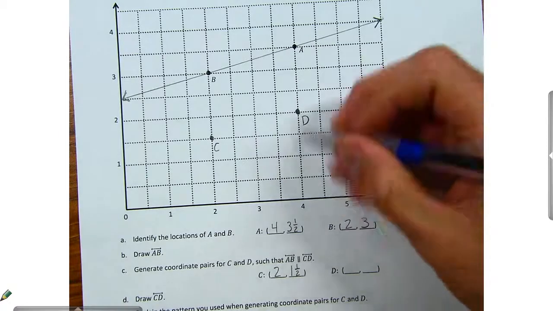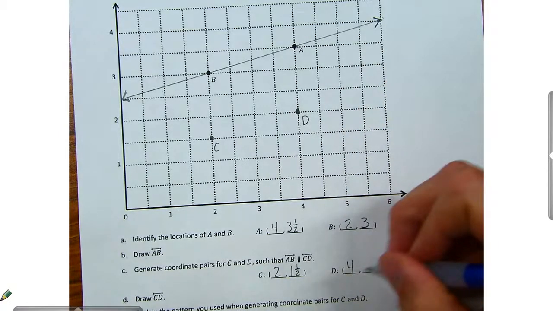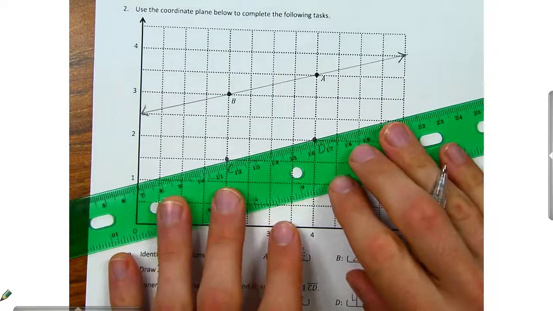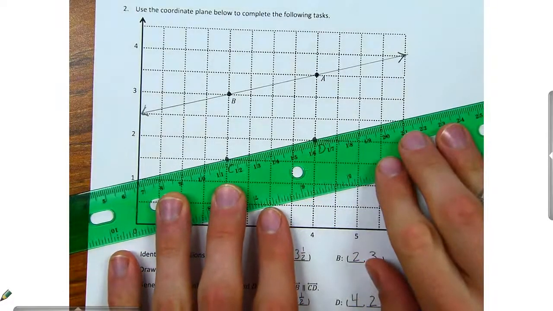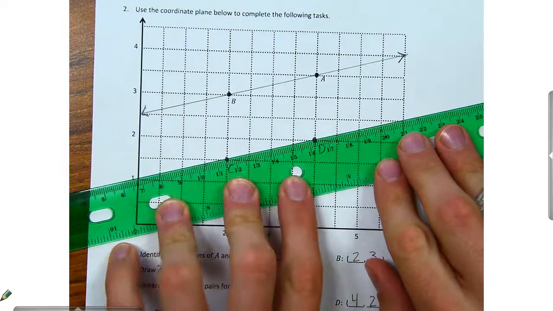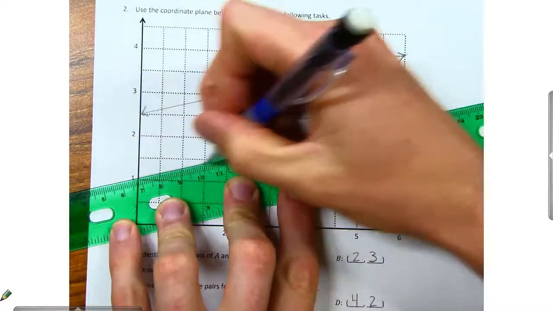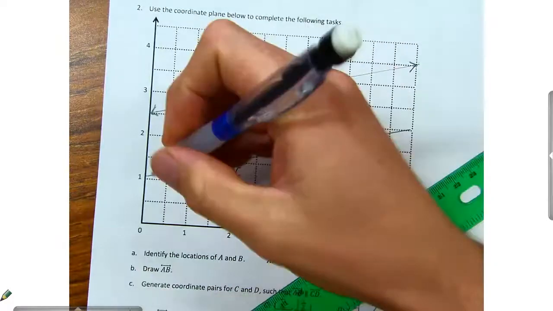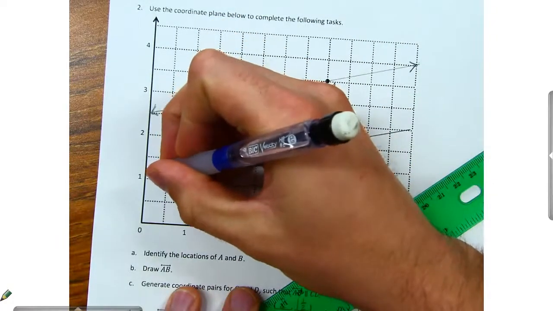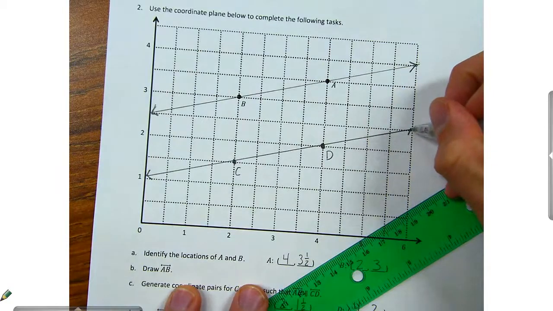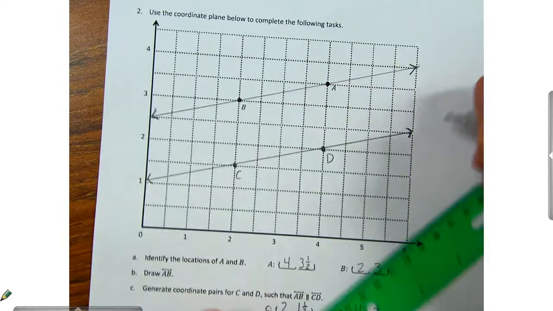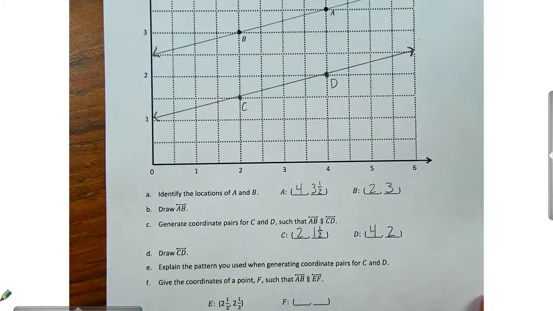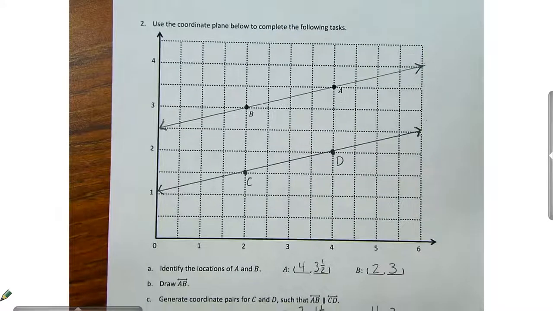And D will be 4, 2. And we'll draw a line CD here. All right, so we have 2 parallel lines there.